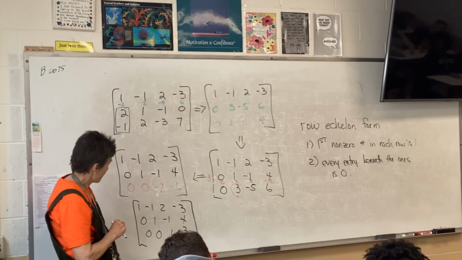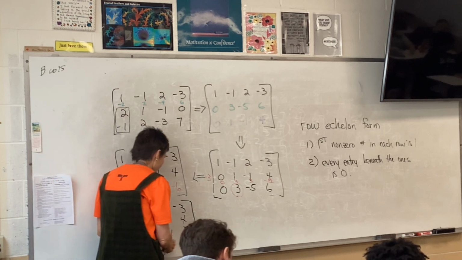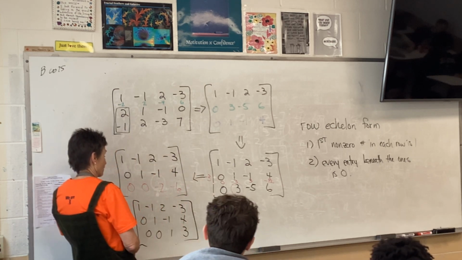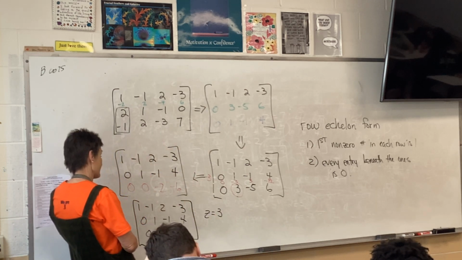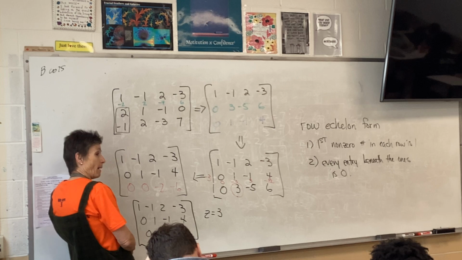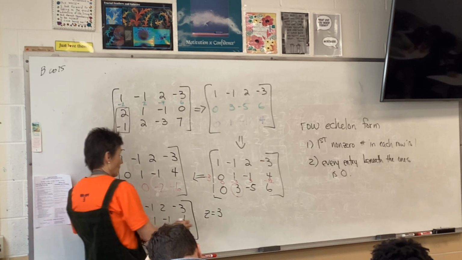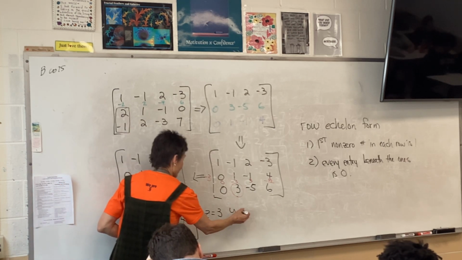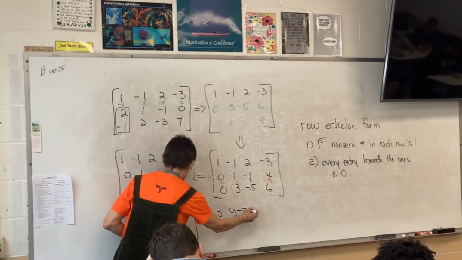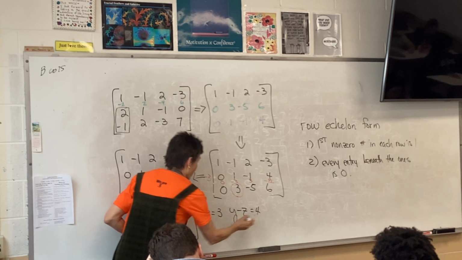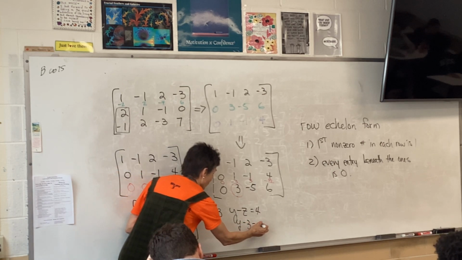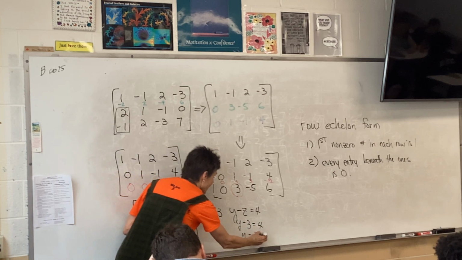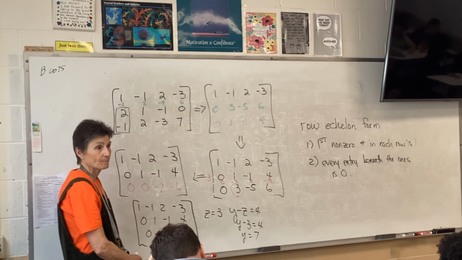Okay? Now let's get an answer. What does that bottom row tell me? Z equals 3. Z does not always equal 3, but apparently it does today. Then what? Y minus Z equals 4. Yes. So Y minus 3 equals 4, so it looks like Y equals 7.